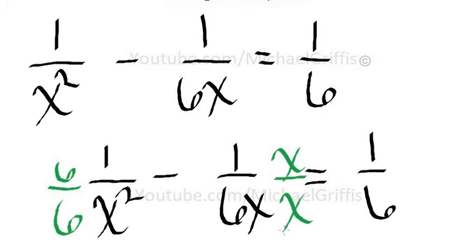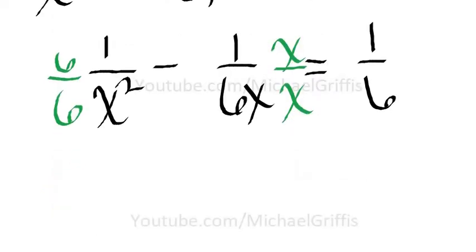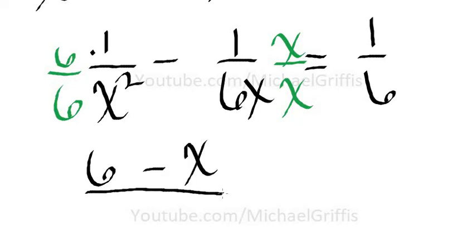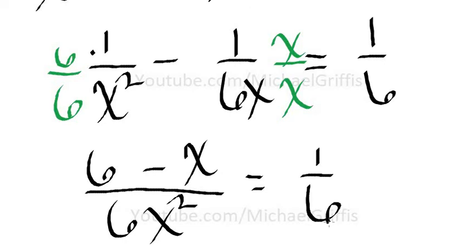This way now we have 6x squared. It's a common denominator. So we have 6 times 1 is 6, minus 1 times x is x, over 6x squared, and that's equal to 1 over 6.